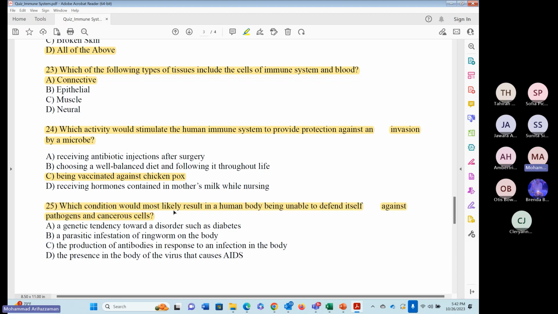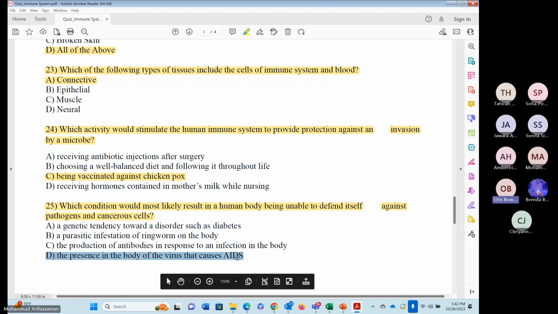Which condition would most likely result in a human body being unable to defend itself against pathogens and cancerous cells? It's D. Yes, correct. That is the presence in the body of the virus that causes AIDS. The HIV virus totally shuts off the immune system.